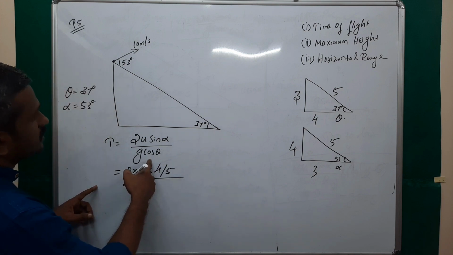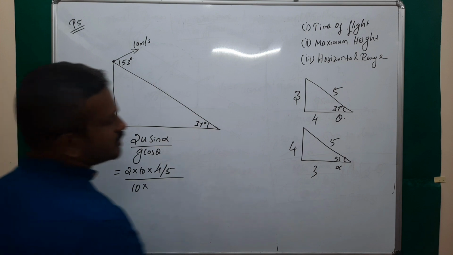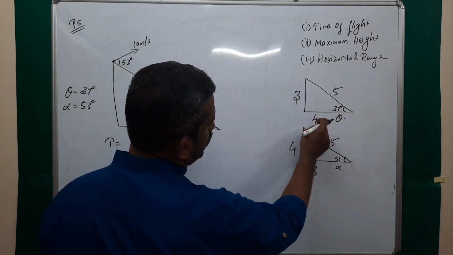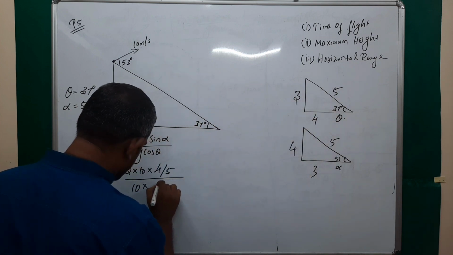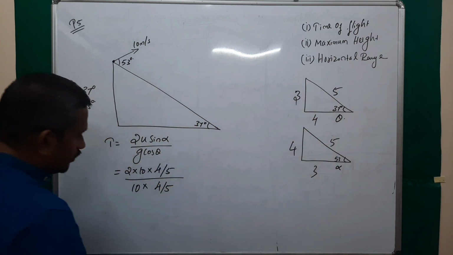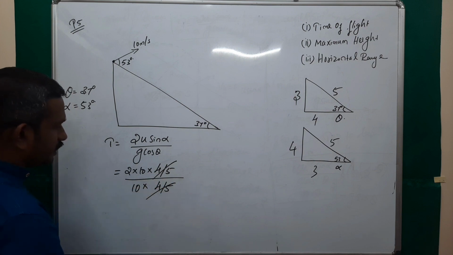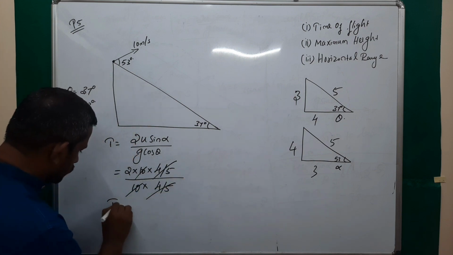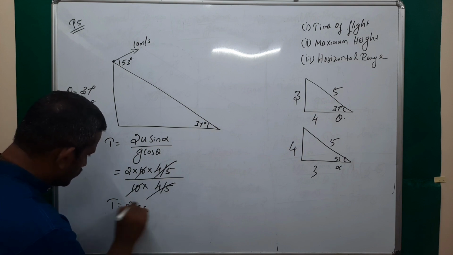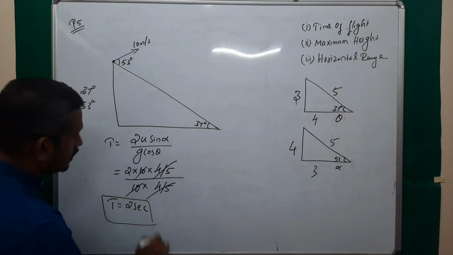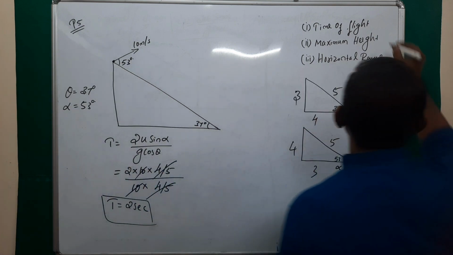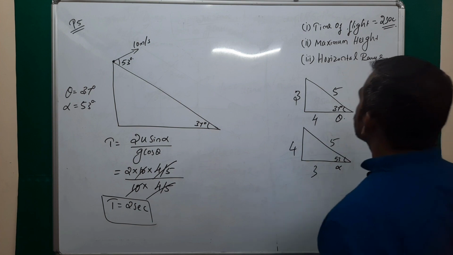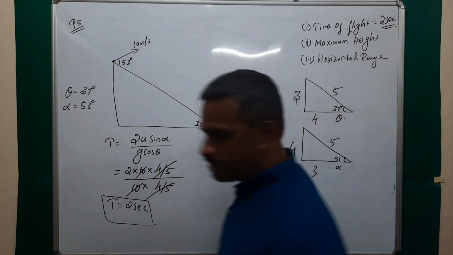Cos 37 degree is adjacent side by hypotenuse, that is 4 by 5. So 4 by 5 and 4 by 5 get cancelled, 10 and 10 get cancelled. T is equal to 2 seconds. So time of flight is 2 seconds.